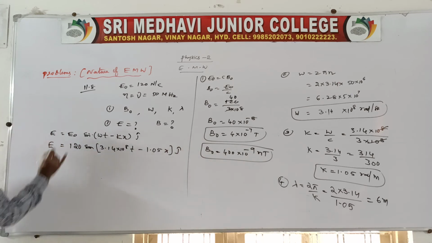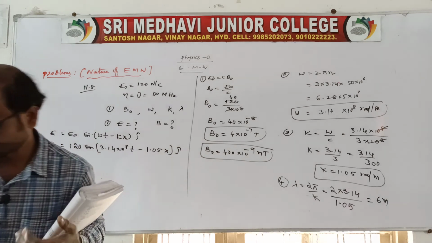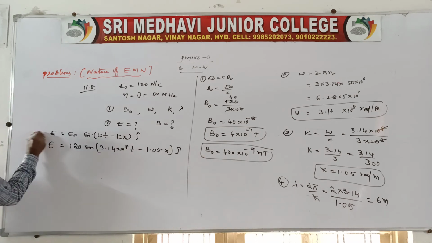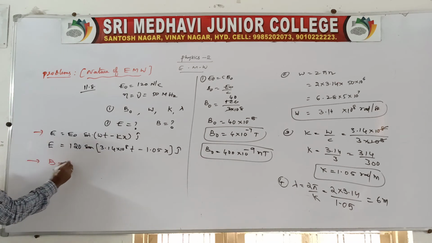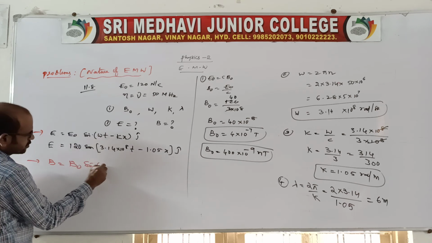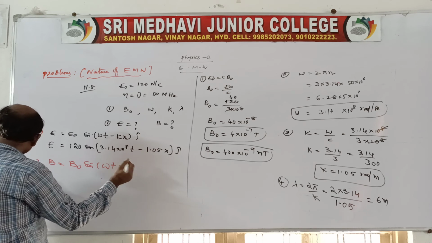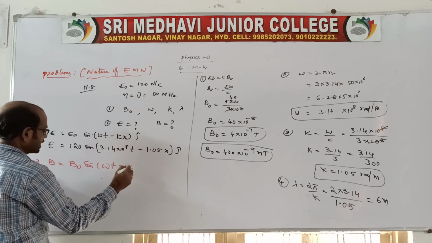That is the expression for E. And you write the same for B: B is equal to B naught sine of omega t minus kx.